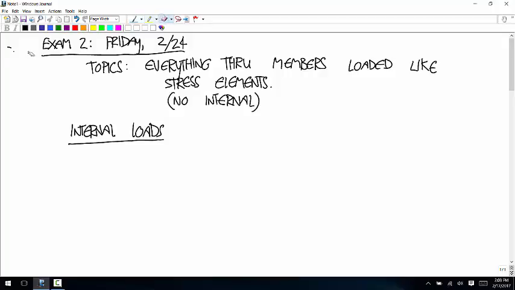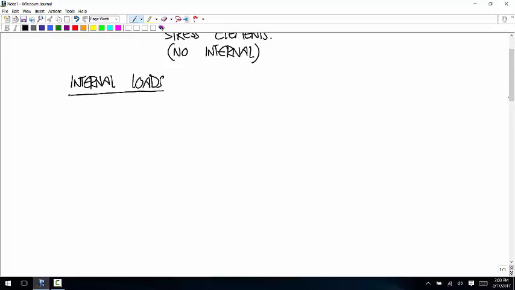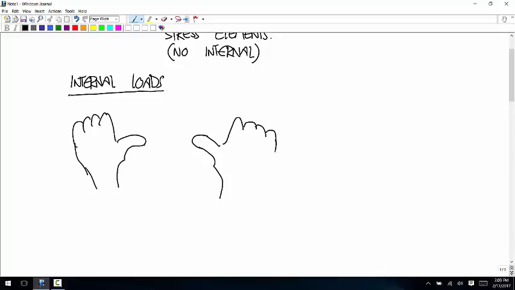So internal loads. I think I might have drawn this picture a couple times already, but I think this is a good sort of motivation for internal load. So there's your hand. There's your other hand. And say you're holding a stick, and you're bending it.